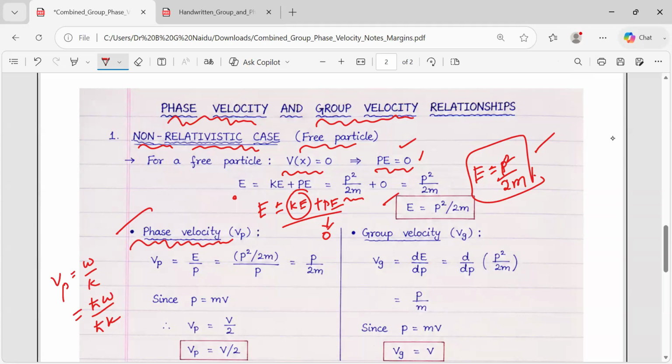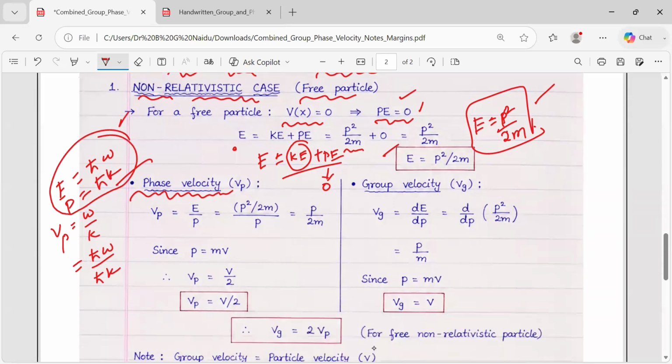We know that energy equals h cut omega and momentum p equals h cut k. These are standard formulas. So the phase velocity can be written as energy by momentum, E by p.